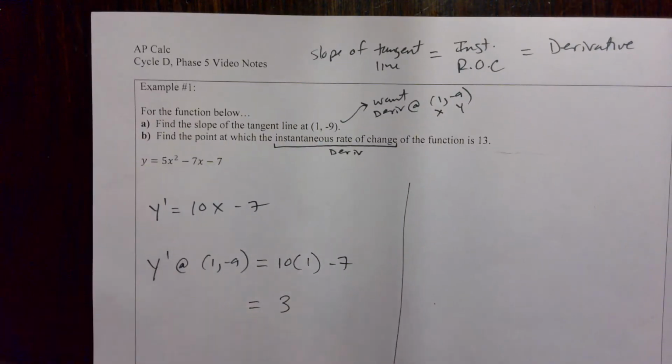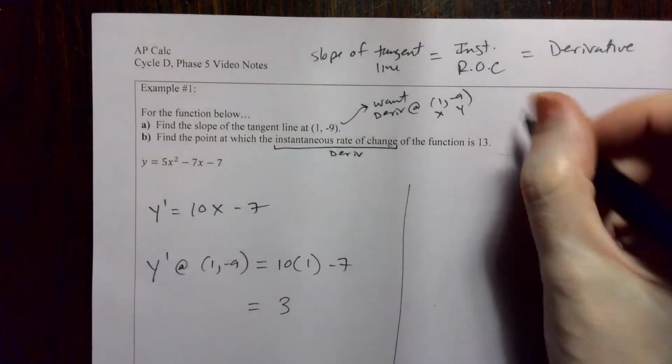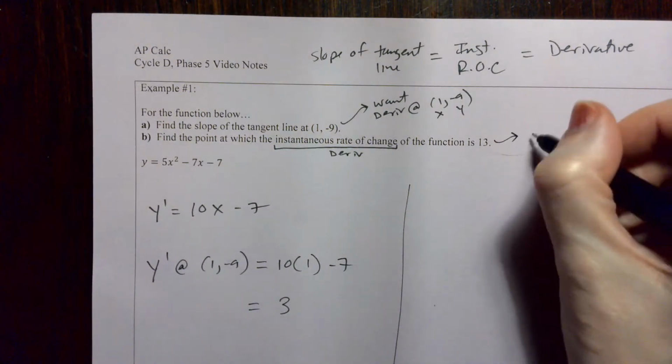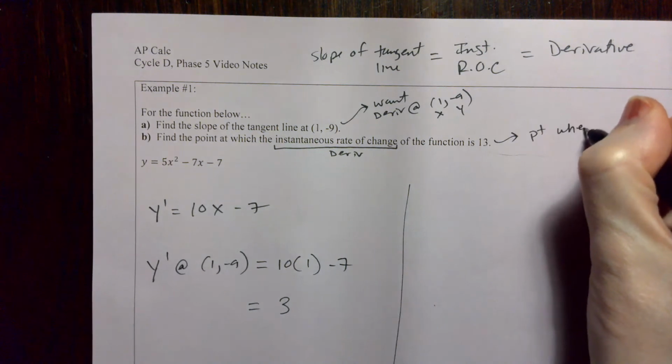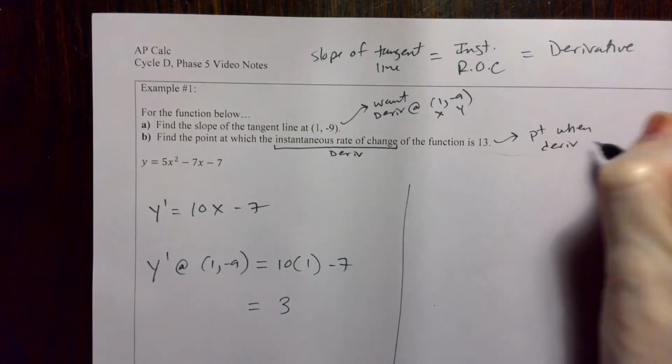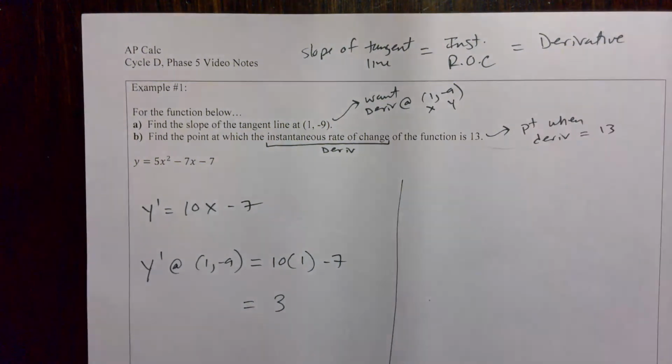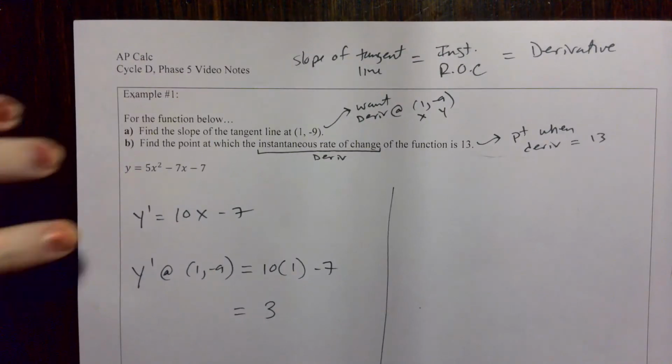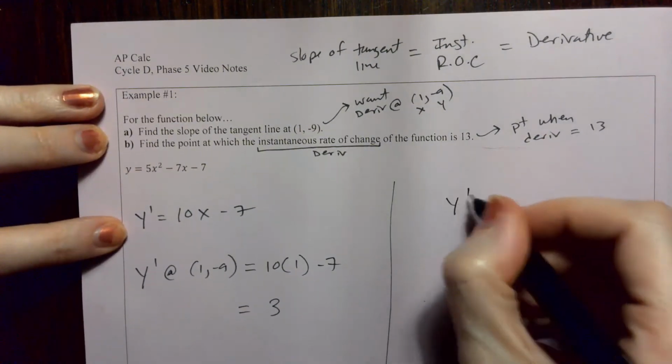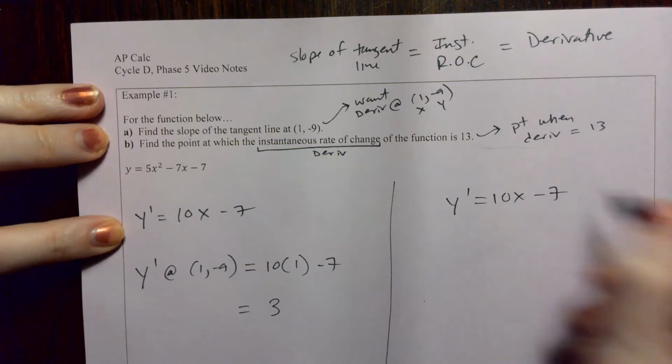So they want to find the point at which the derivative is 13. So again, we're going to use the derivative. We already know y prime equals 10x minus 7.